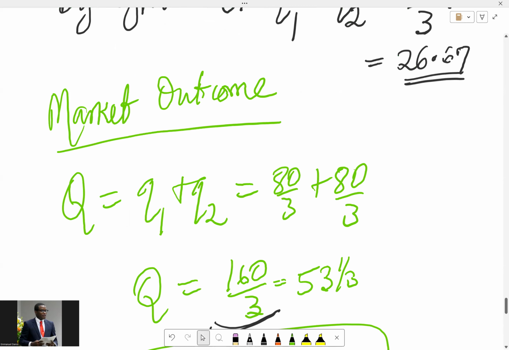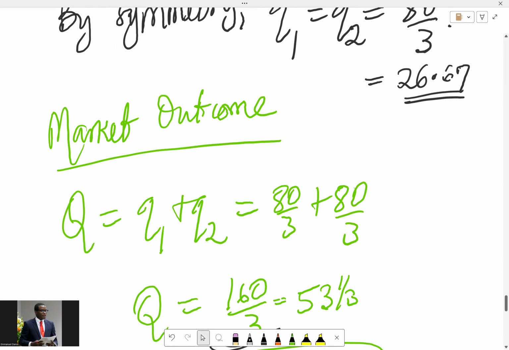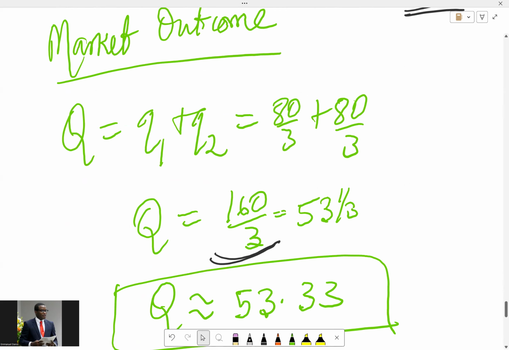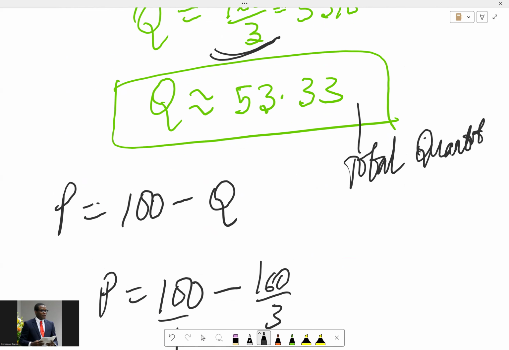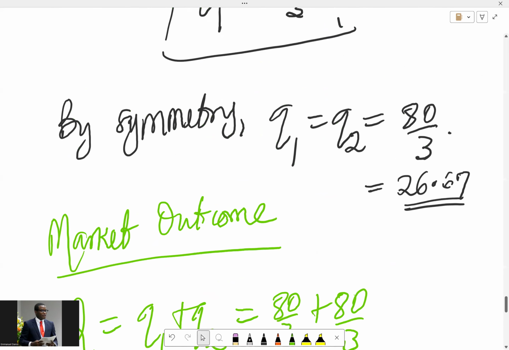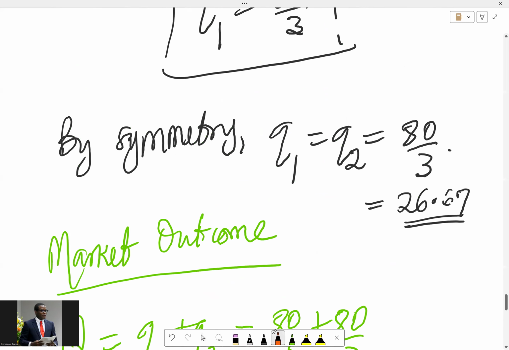I think it's important to say this. This is the total quantity by both firms. That's what this big Q is. So what we have here is the quantity produced by each firm.